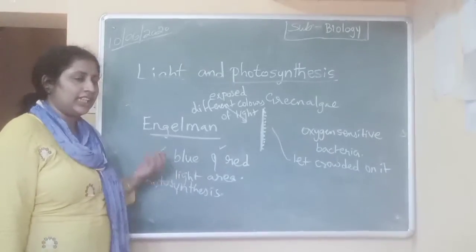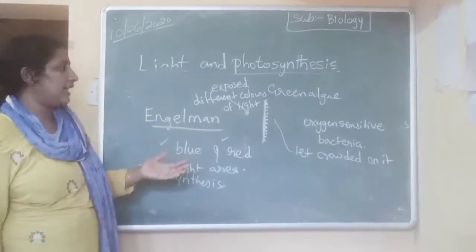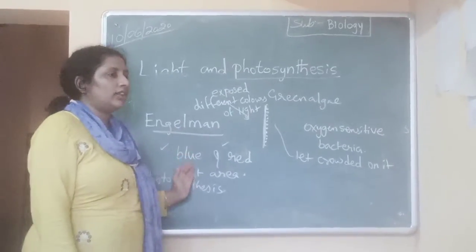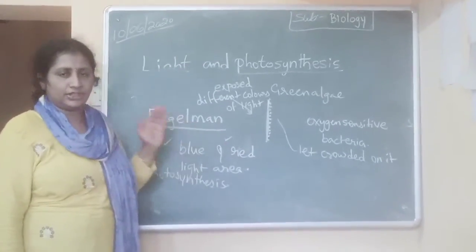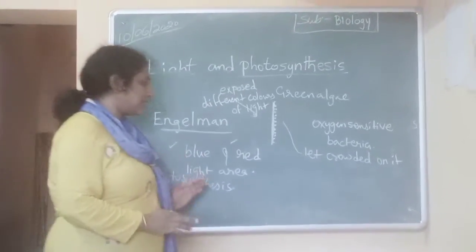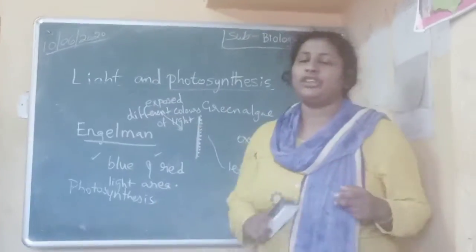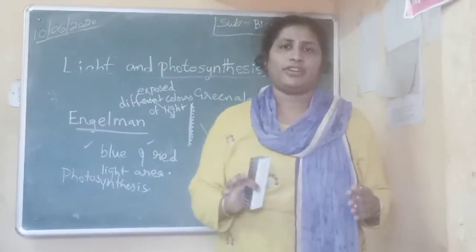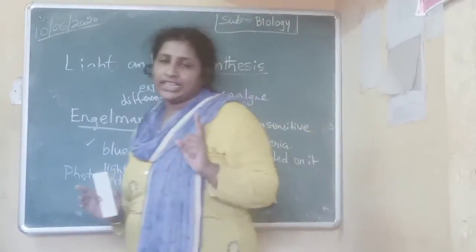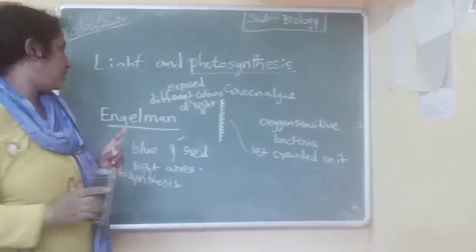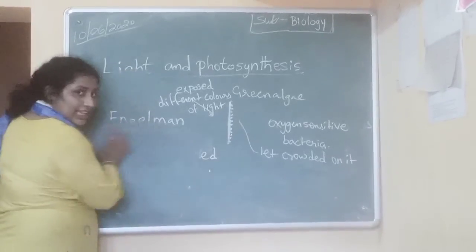Photosynthetic activity is more compared to other colors of light; it is more in the blue and red zones. Okay, this is about light and photosynthesis. And then, how can you prove that light is needed for photosynthesis? There is one experiment. We will let you know.